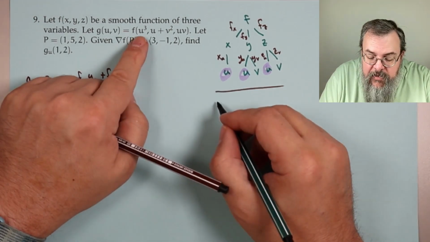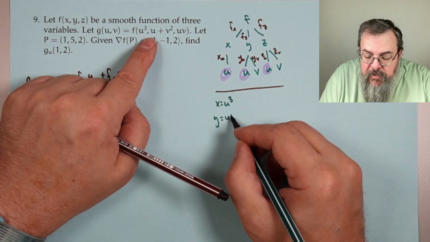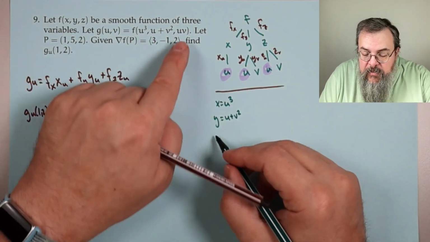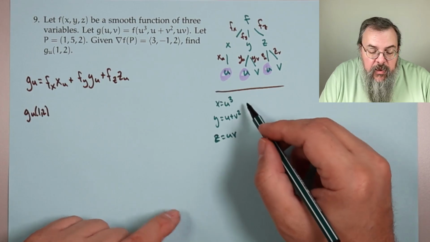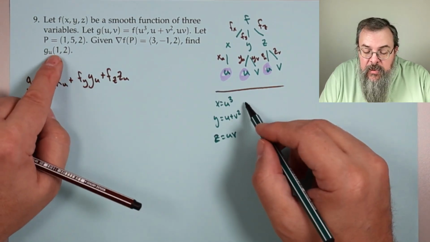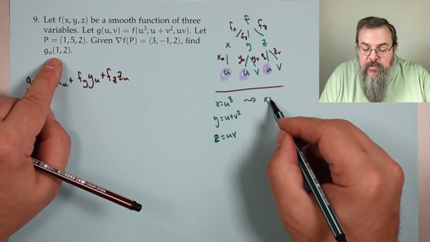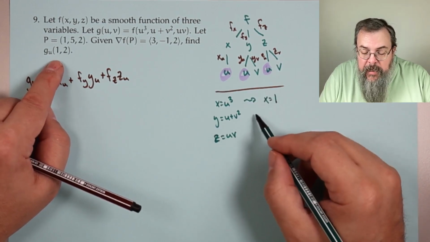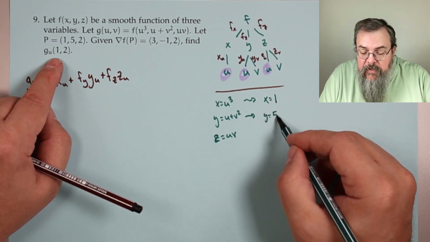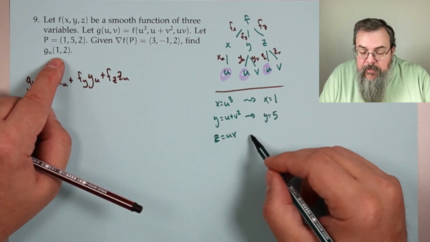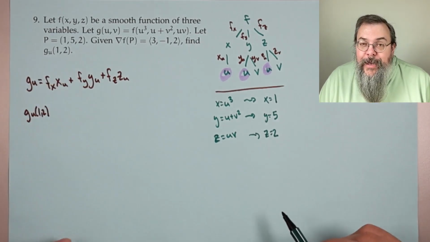We have x equals u cubed, y equals u plus v squared, z equals u times v. So when you plug in (1, 2), what does that correspond to? Well, x would be 1 cubed, which is 1. y would be 1 plus 2 squared, so y will be 5. And z will be 1 times 2, which is 2. (1, 5, 2). Have we seen that before?